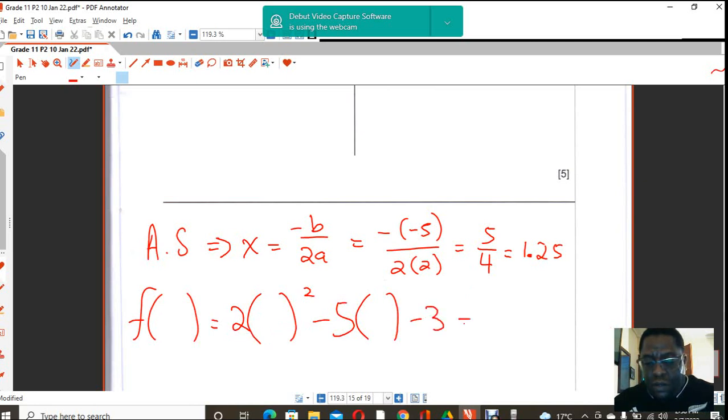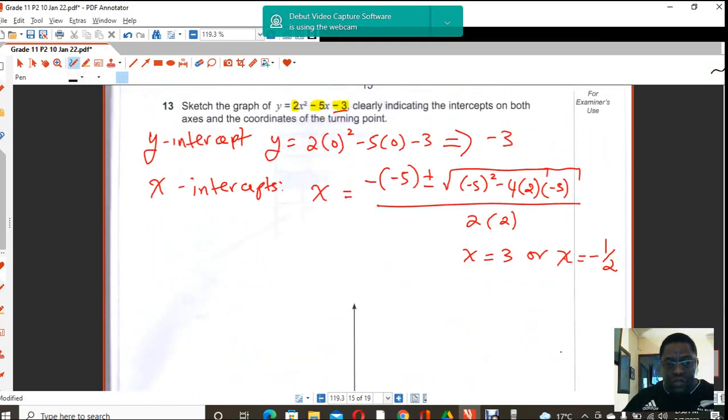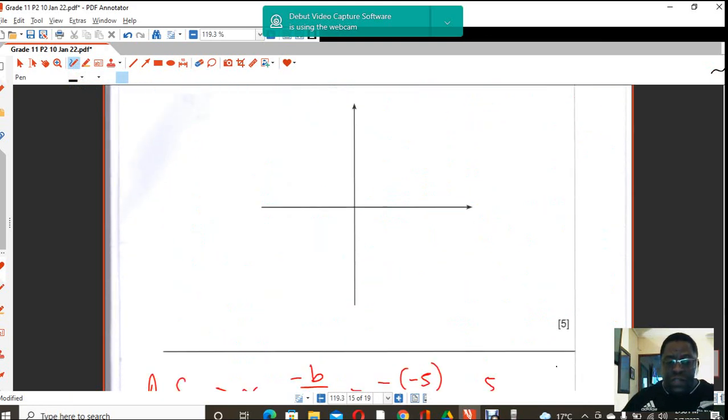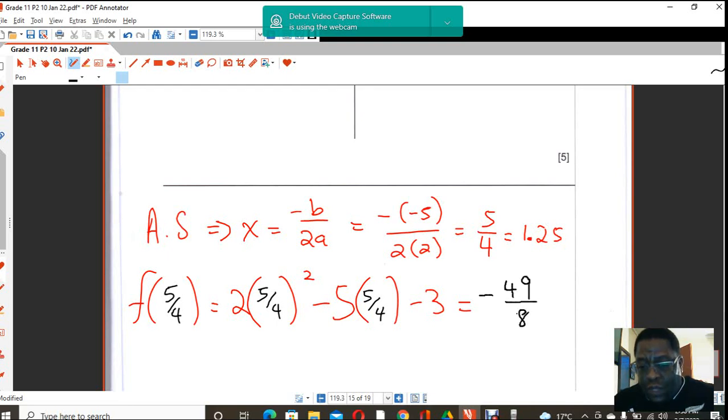Just make sure that we wrote it's 2x squared minus 5x minus 3. If you substitute this value, 5 over 4, everywhere where you have an x, you are going to get minus 49 over 8, or negative 6.125, if I'm not mistaken.